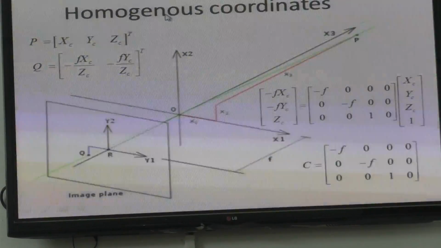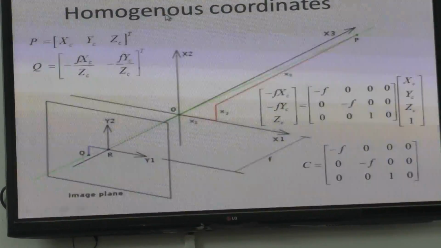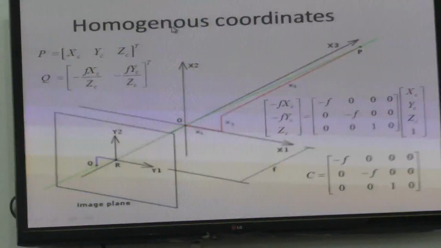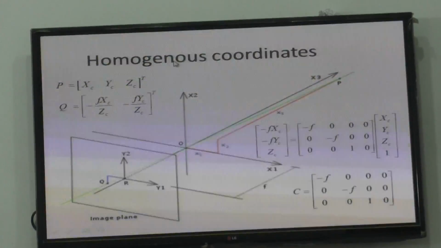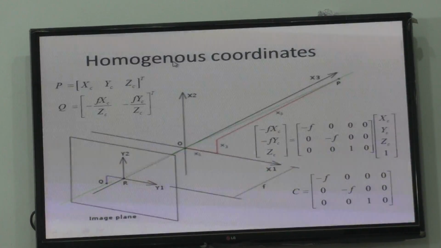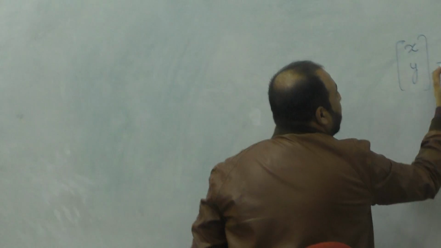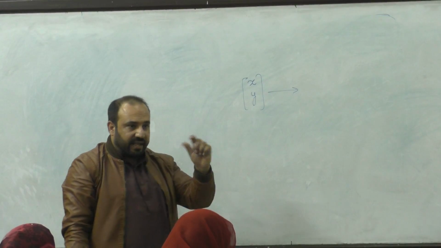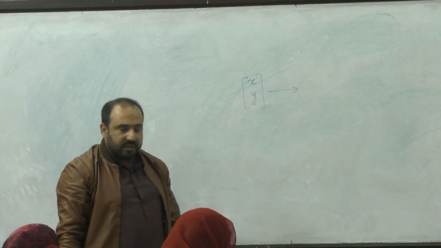Homogeneous coordinates. If you are given, for example, a point in 2D, you can represent the same point in homogeneous coordinates by choosing a non-zero scale factor.